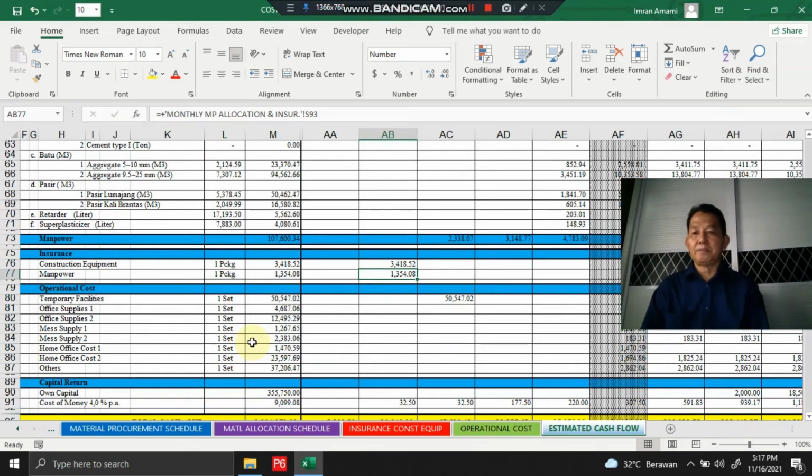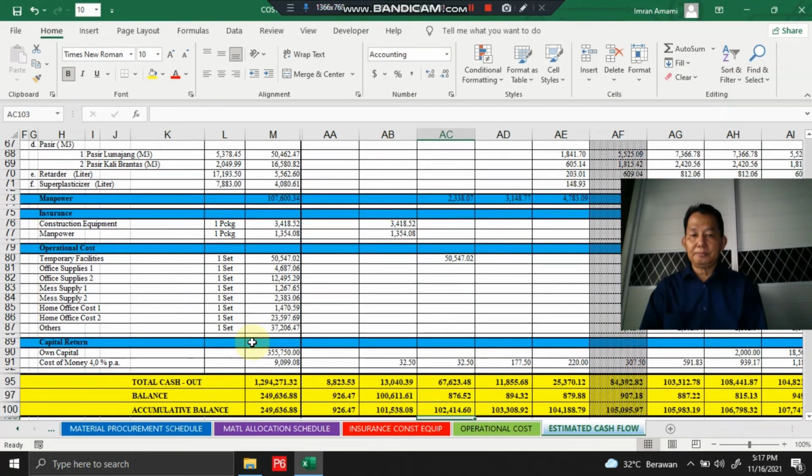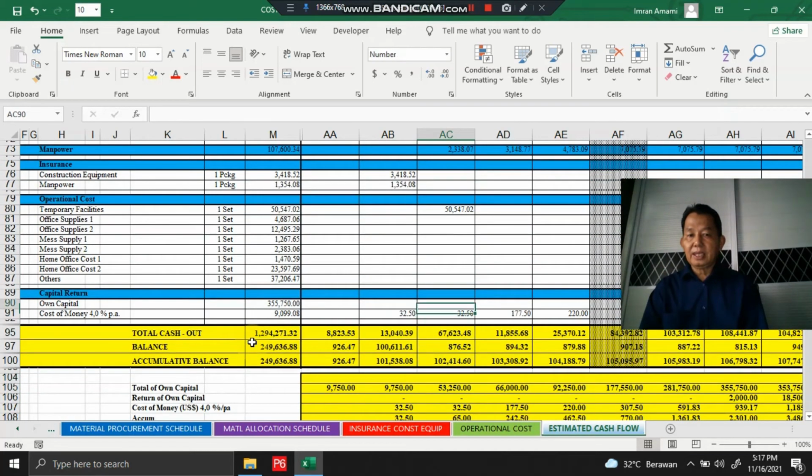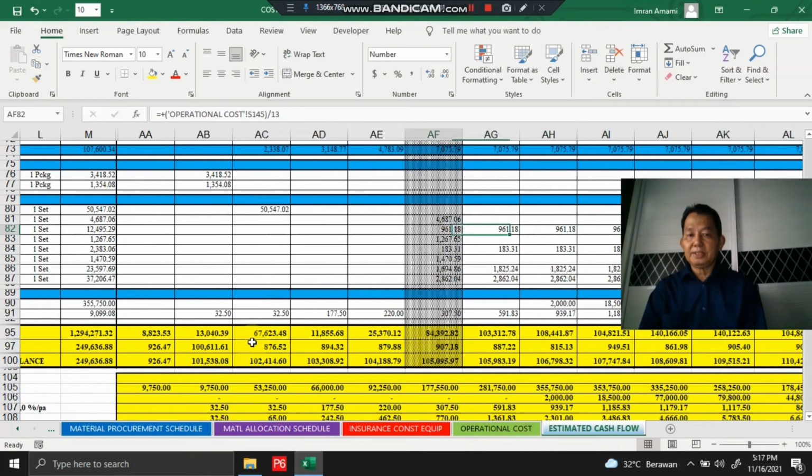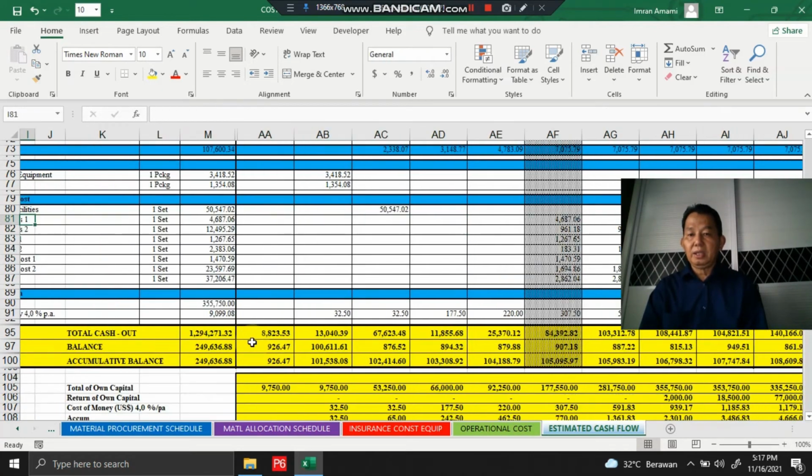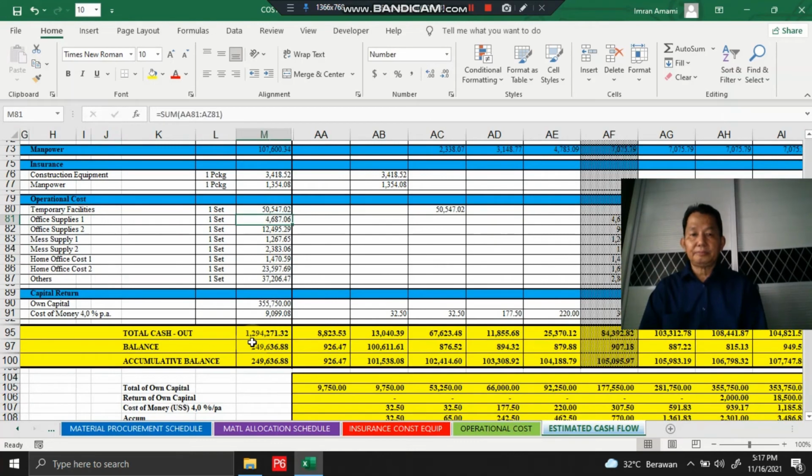Then this is for temporary operational cost, especially for temporary facility. We allocate this 3 months before the first month of concrete supply. And the mesh supply, we allocate together with the first month of concrete supply.